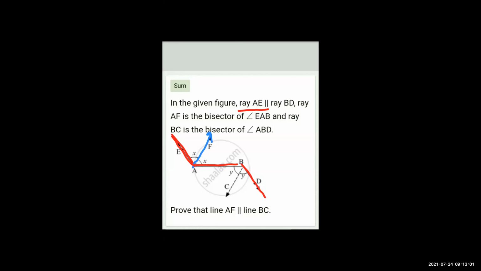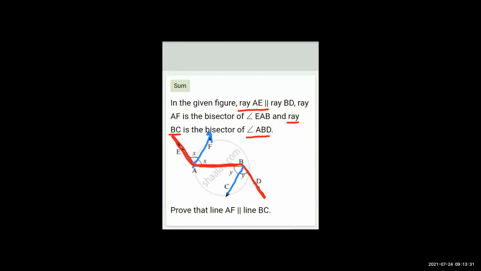Similarly, the next angle given here is angle ABD. This is the angle, and for it ray BC is a bisector.